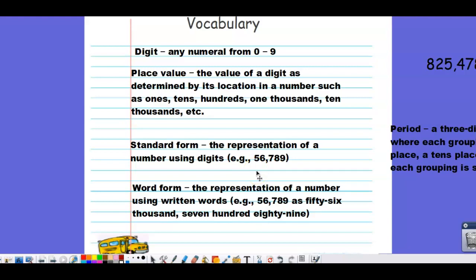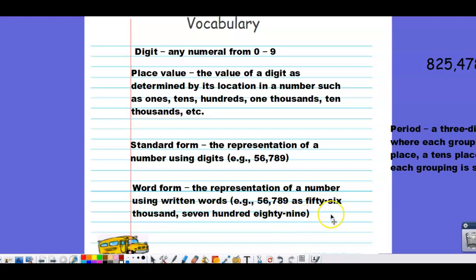You would say 56,789. And when you say that, that is actually what is written in word form. So whatever you say is what word form is, and it's the representation of a number in written words. So if I wanted to write this number that's in standard form, when you see the digits, that's standard form.